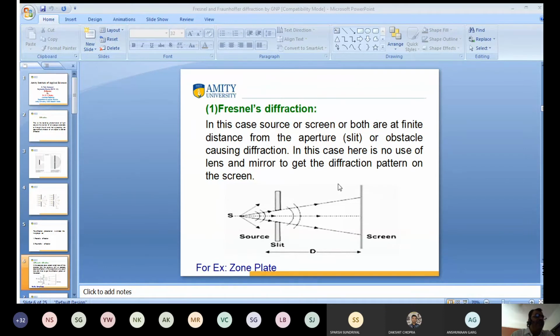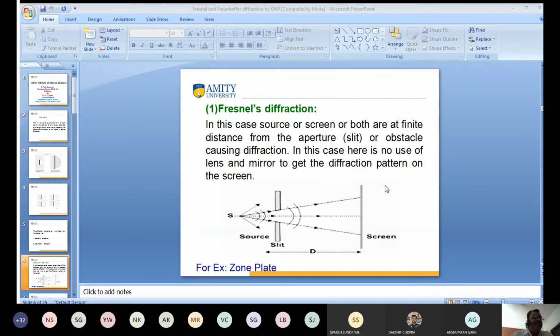In this case, there is no use of lens and mirror. For getting the diffraction pattern, we can't use lens or mirror. So again, keep in mind for the Fresnel diffraction, the light passes from the slit, the bending of light takes place, and the diffraction pattern is observed on the screen.